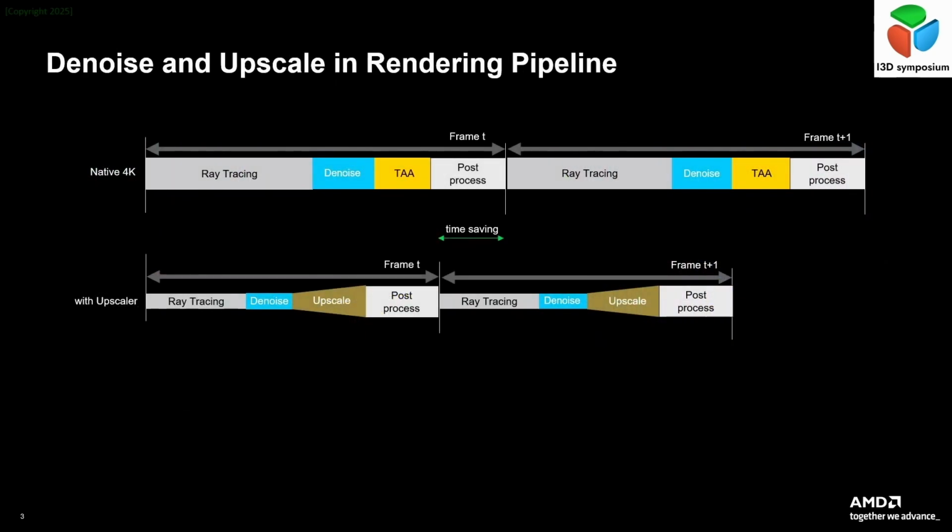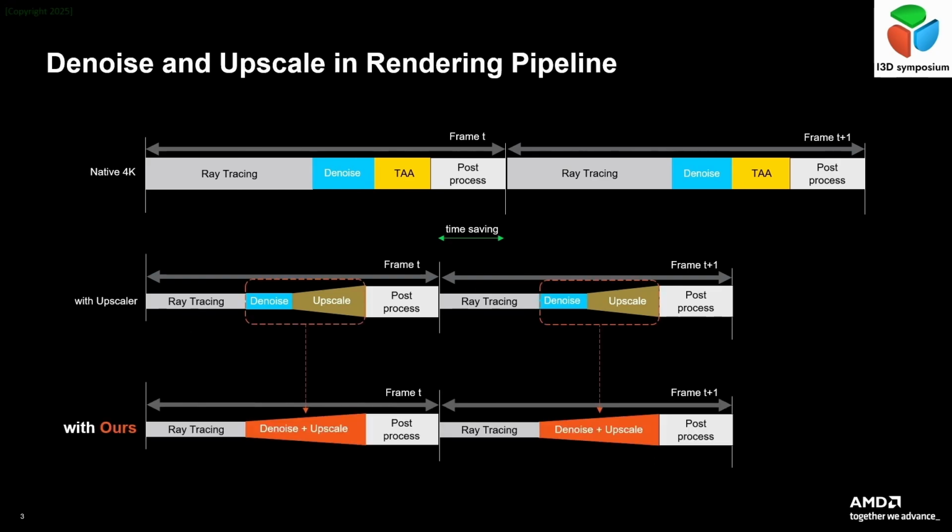So let's look at the rendering pipeline with ray tracing and a denoiser in the pipeline. When we use the upscaler in the pipeline, we have some amount of time saving with improved frame rate, as you can see here, because it allows us to render the frame at lower resolution.